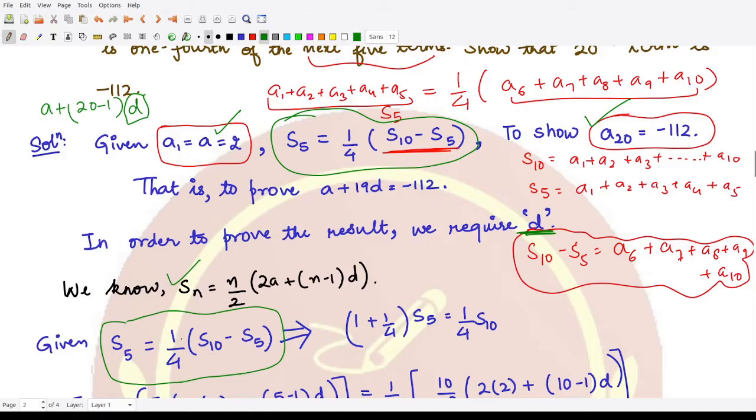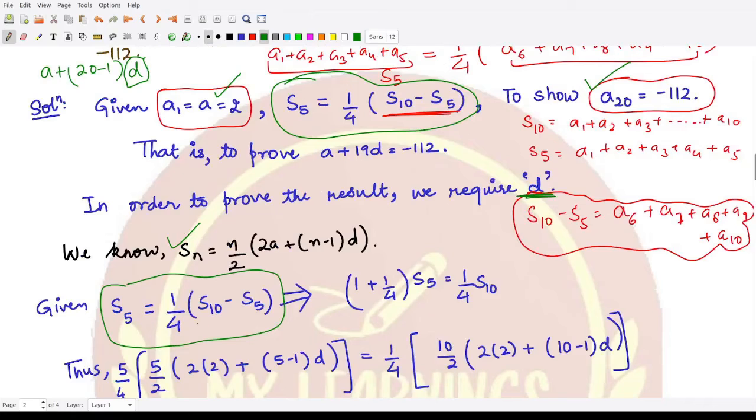We can simplify this. We can open up the brackets here so that we have 1/4 times S10 minus 1/4 times S5. You can shift this term to the left hand side so that we have S5 plus 1/4 of S5 is equal to 1/4 of S10.